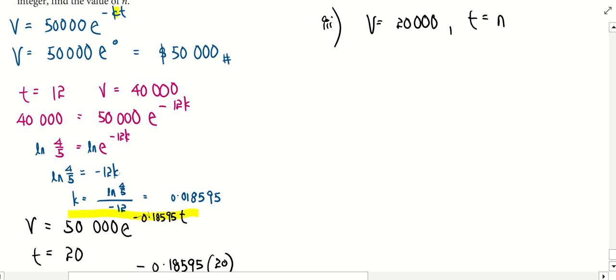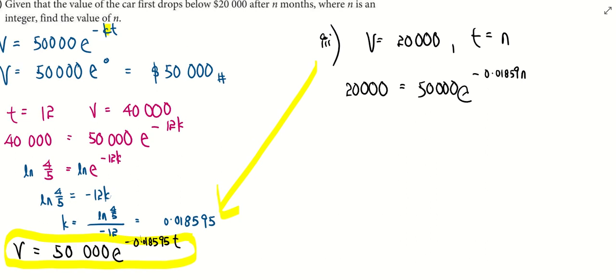Let me use the equation that we found just now to see whether we can find the timing required. By substituting inside this equation to solve again, our job is to solve a normal exponential equation, and take note, n must be an integer.